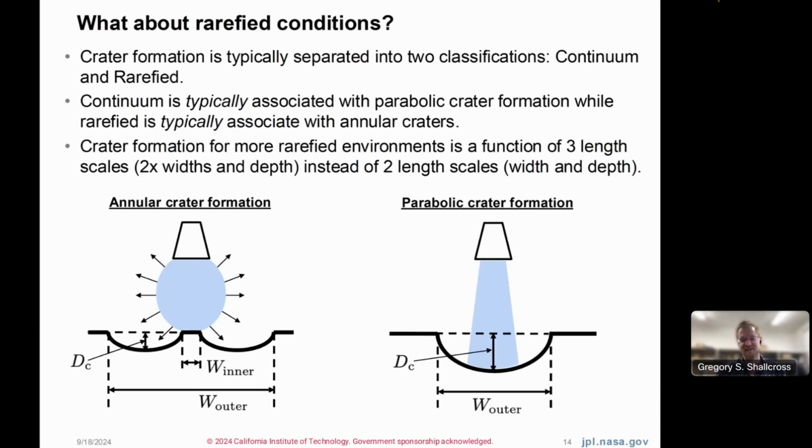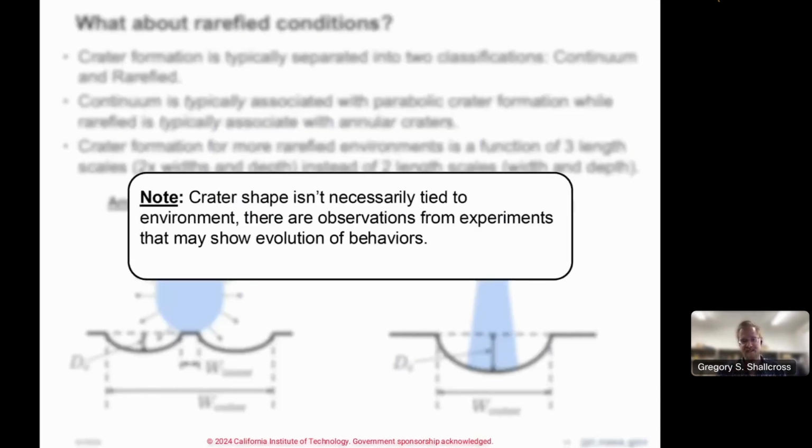But if you go to the next slide, this isn't necessarily tied to the environments of interest as we typically see in literature, and it might be directly informed by the experiments and evolutions of different behaviors that we might experience during the crater formation process. Next slide.